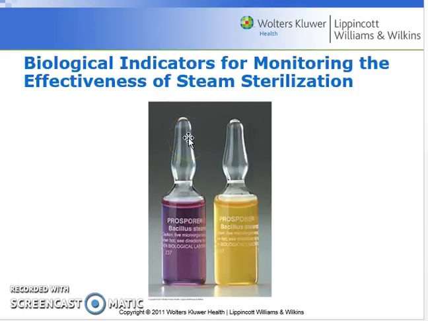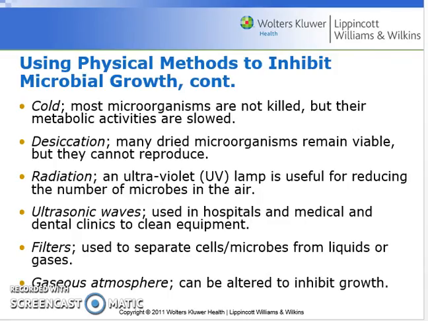The next step is to incubate both vials at about 65 degrees Celsius for 48 hours. If you come back the next day and you see that your indicator has turned from purple to turbid, or purple to yellow, then that indicates that your bacteria is alive. And so if this was your bacterial culture that you autoclaved, you would know that your autoclave is not working because this B. stearothermophilus didn't die like it was supposed to. So we use biological indicators to help us determine whether or not our autoclave system is working optimally.